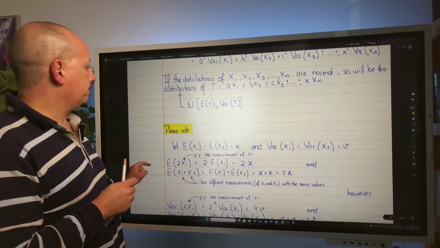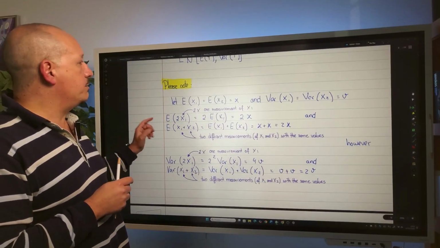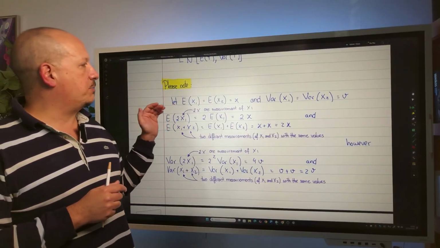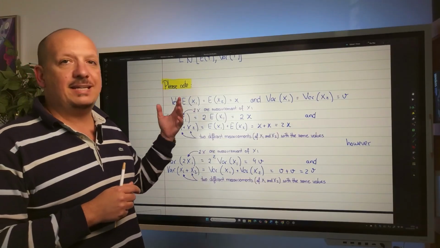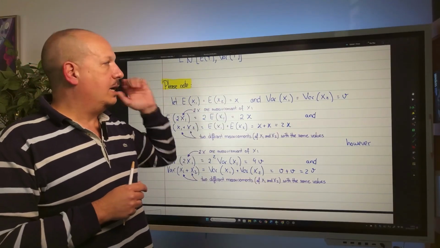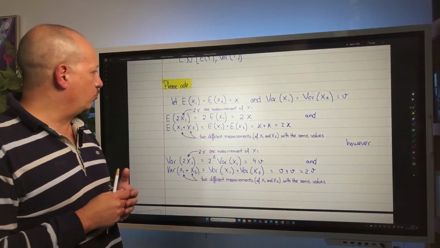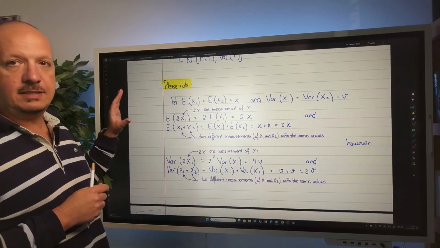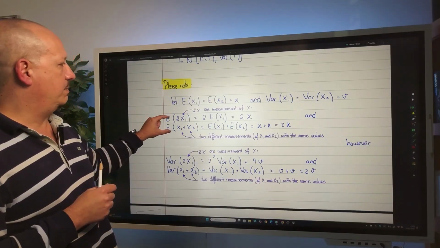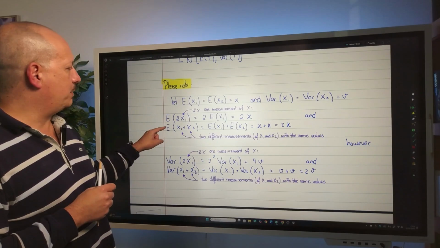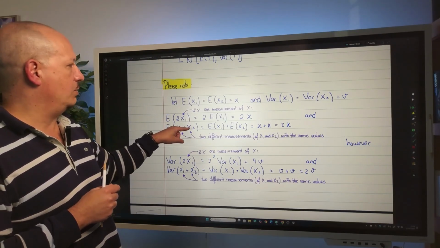Note one thing. In some situations, you will have the expectation of x1 and the expectation of x2 being the same, okay? And the variance of x1 and variance of x2 being the same as well. I want you to pay attention to this difference, okay? The expectation of 2 times x1 and the expectation of x1 plus x2.